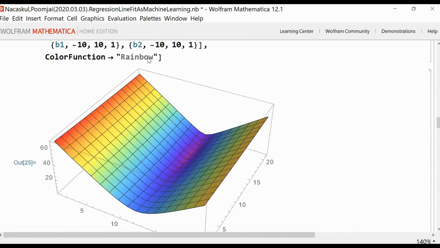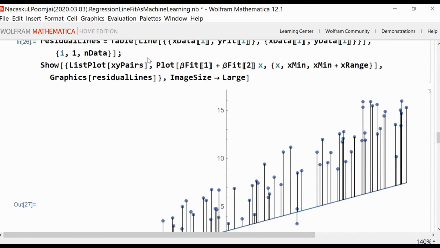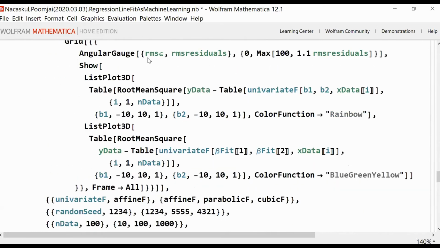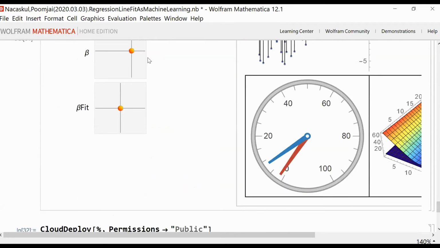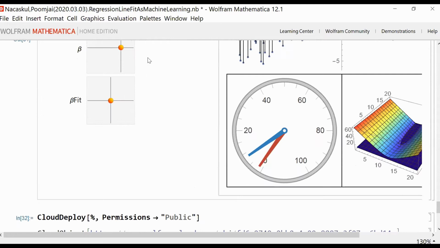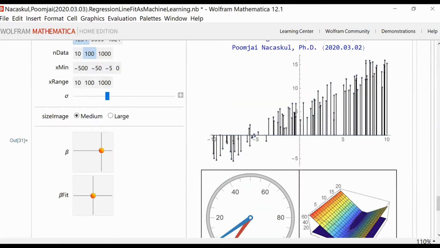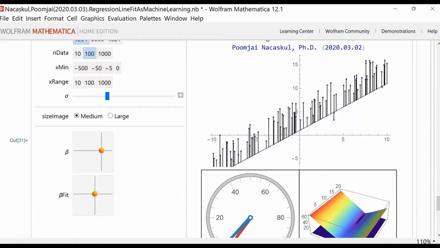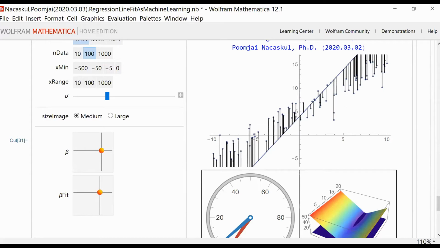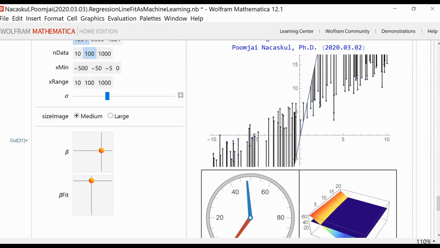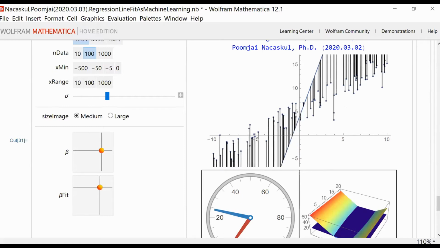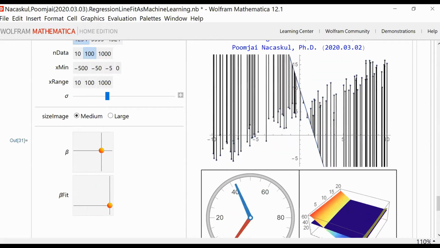Now, what happens if I move this line up a little bit? The error is going to be less. Let's play with that. Oops, that's good. Oh, that's bad, that's terrible.